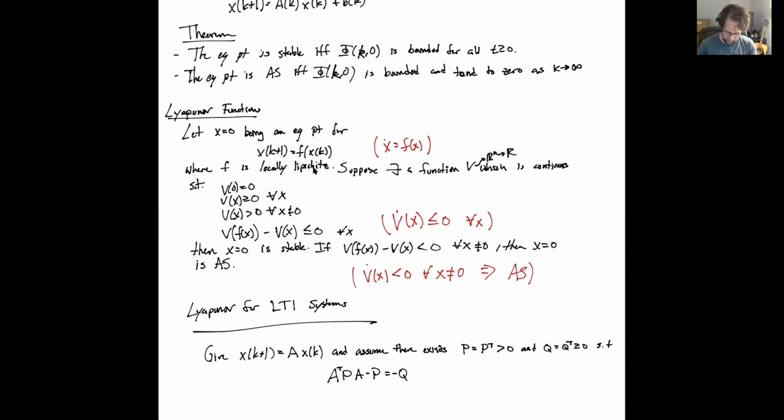So now either find Q or find P by setting one or the other. Then the origin is asymptotically stable.